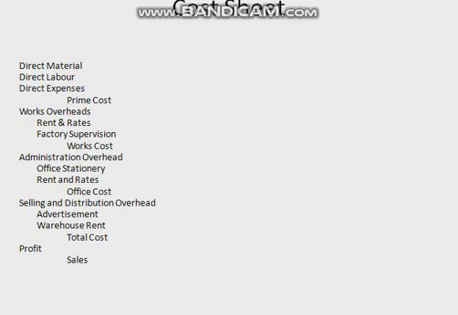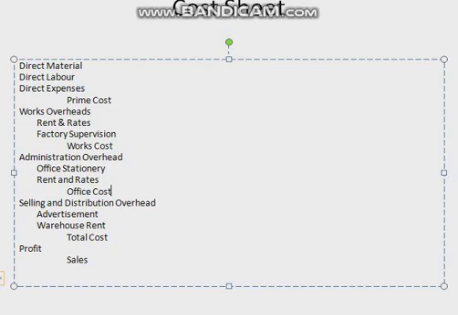When we add this, we get cost of production. And when we add selling overheads to cost of production, we get total cost.